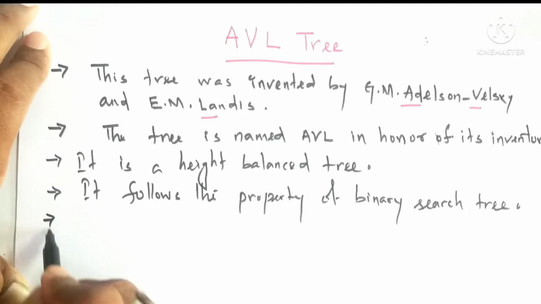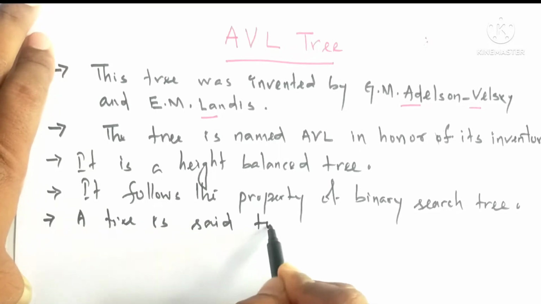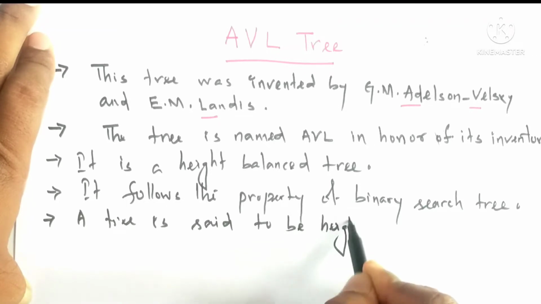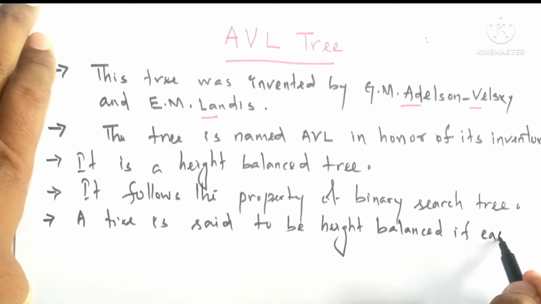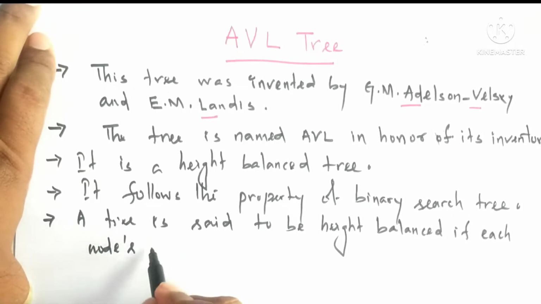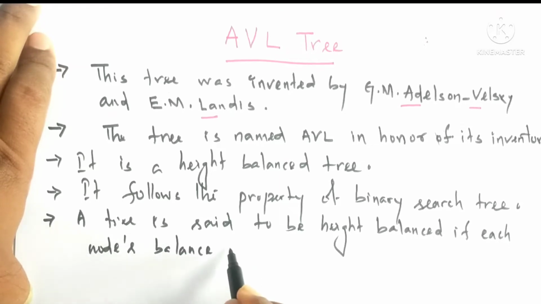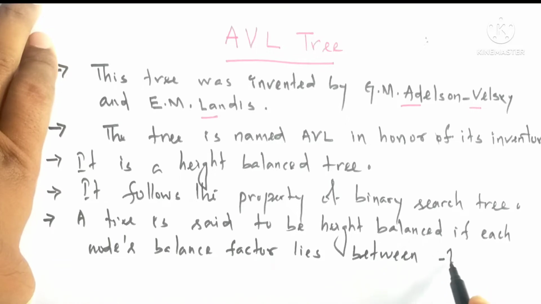A tree is said to be height balanced if each node's balance factor lies between -1 to +1 through 0.